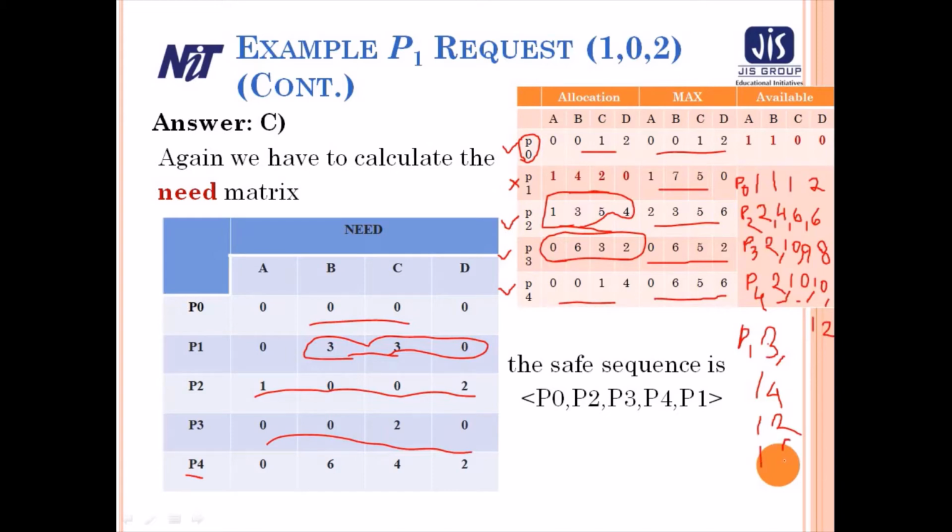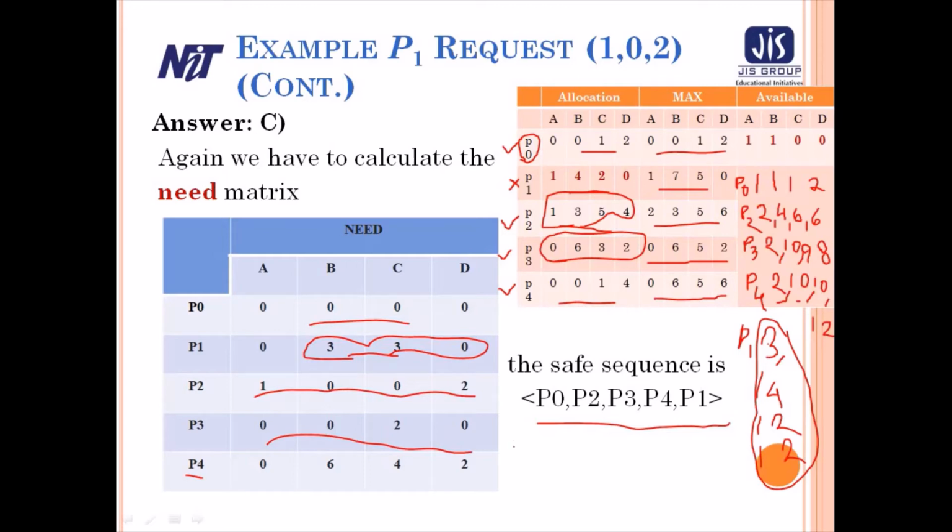Okay, in the previous problem also we saw that our system resources were 3, 14, 12, 12. Here again, the available resource after completing all 5 processes is 3 14 12 12. So this is the safe sequence. We can also grant P1 after P2.